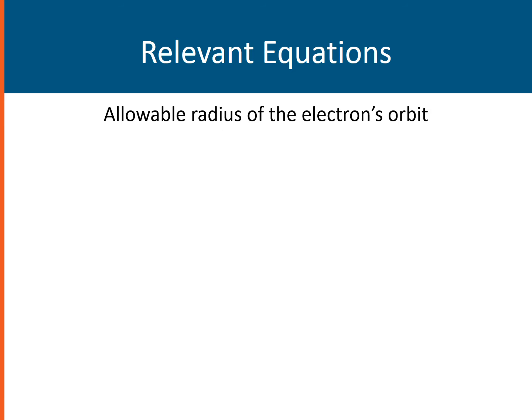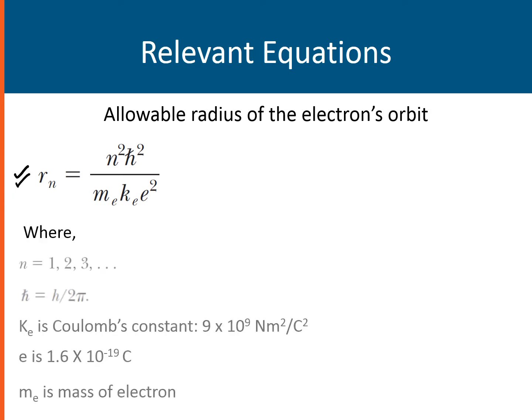So he was able to come up with a mathematical formula, and it is this formula over here, where r sub n is the allowable radius, and n is an integer: 1, 2, 3. H bar is just equal to Planck's constant divided by 2 pi.